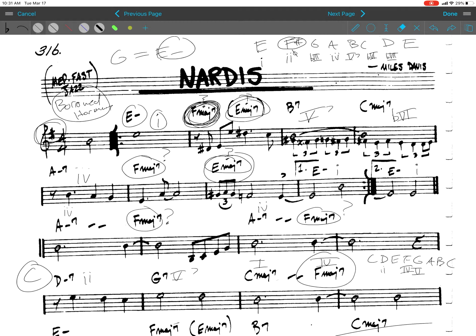And there's E Phrygian, which is a minor scale with a lowered 2nd degree. Right? And then we have Lydian, which is a major scale with a raised 4th.